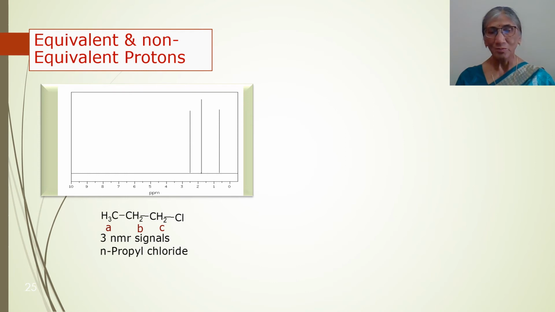There are two methylene groups. So the B methylene protons are different from the C methylene protons. They are chemically non-equivalent protons. Therefore, the methyl protons will give one signal, the methylene protons B will give one signal, and the methylene protons attached to the chlorine atom will give a different signal. It will show the absorption at a different place.